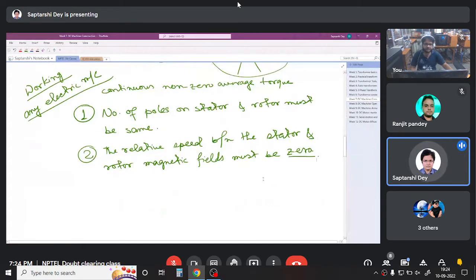So the number of poles on stator and rotor must be the same, and the relative speed between the stator and rotor magnetic fields, see, not the speed between them, their magnetic fields, that must be 0.